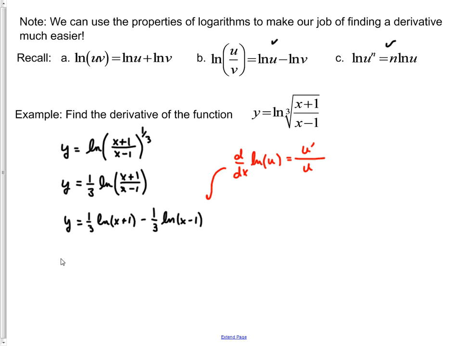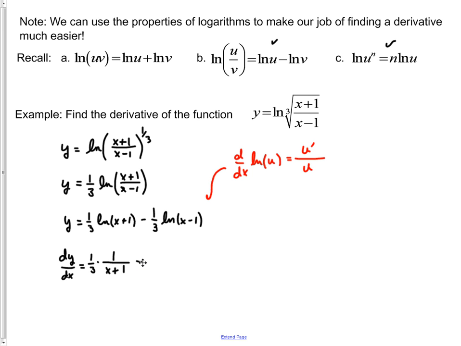So going back to our derivative, if we're interested in finding dy dx here, well, our constant multiple rule says that our derivative will be 1/3 times the derivative of the natural log of x plus 1, which is to say the derivative of x plus 1, which is just 1, divided by the argument x plus 1 itself.